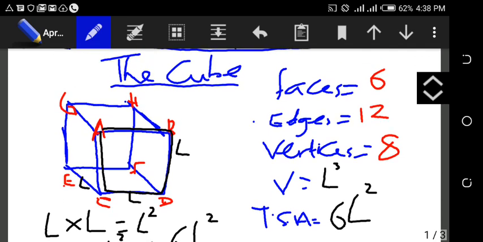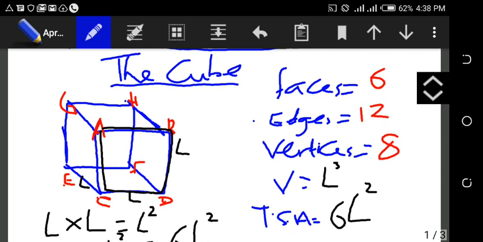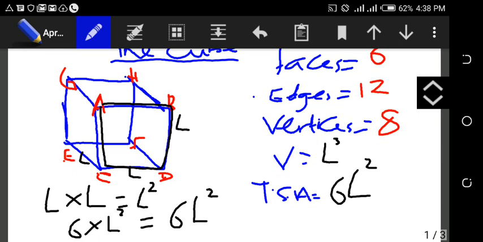So we have looked at the cube: the number of faces it has, that's 6, the edges 12, and the vertices, there are 8 of them. The volume of a cube is given by L cube, and the total surface area, a summation of all the lateral surfaces of the cube, gives us 6L squared.